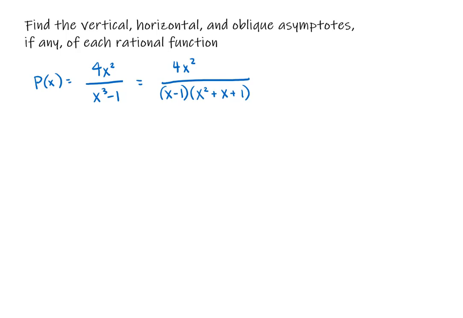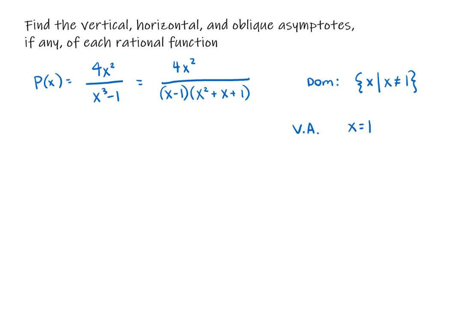And so looking at this, only one of these could be set to 0 and solved and have a real value. In this instance, my domain will be x is not equal to 1, but x can be any other real number. Nothing cancels out with the numerator, so that value where x is not equal to 1 is also going to be my vertical asymptote.